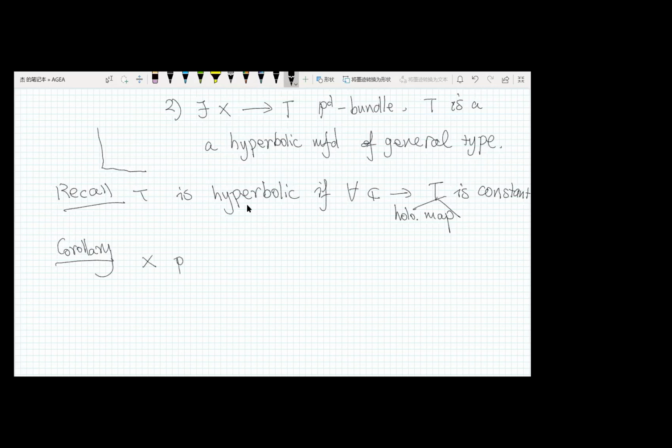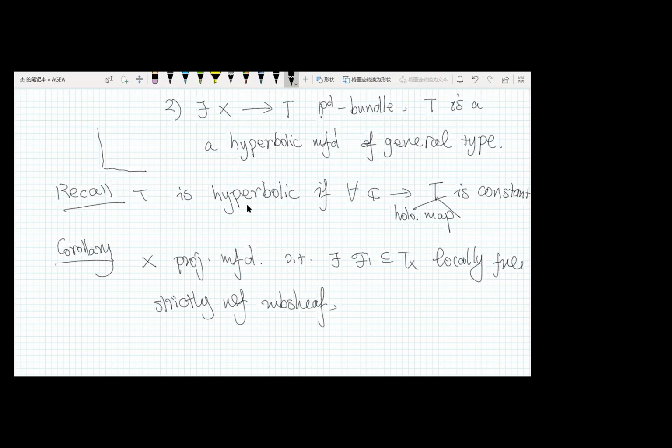If you take X to be a projective manifold, and such that you can find a locally free strictly nef subsheaf in the tangent bundle, and if the fundamental group of X is virtually solvable, then X is isomorphic to a projective space.